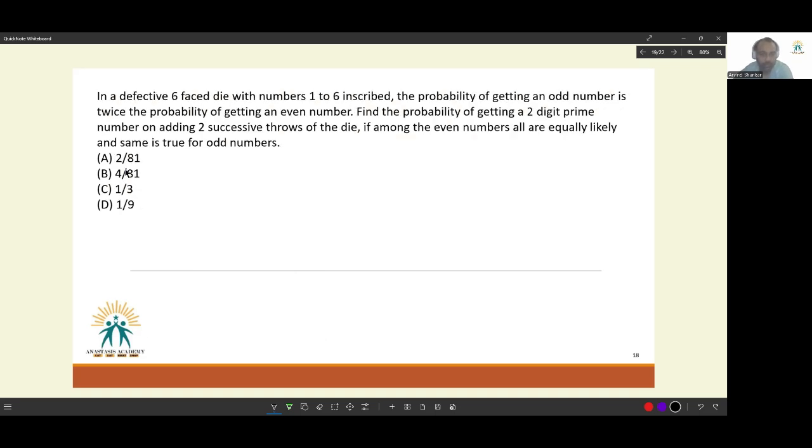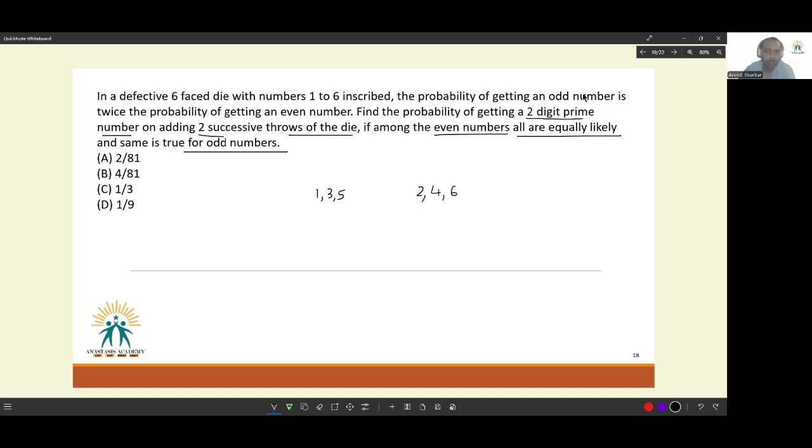Okay, next. In a defective six-faced die with numbers 1 to 6 inscribed, the probability of getting an odd number is twice the probability of getting an even number. Find the probability of getting a 2-digit prime number on adding 2 successive throws of the die if among the even numbers all are equally likely, and the same is true for odd numbers. Okay. First thing, I'm listing out 1, 3, and 5 are the 3 odd numbers. 2, 4, and 6 are the 3 even numbers.